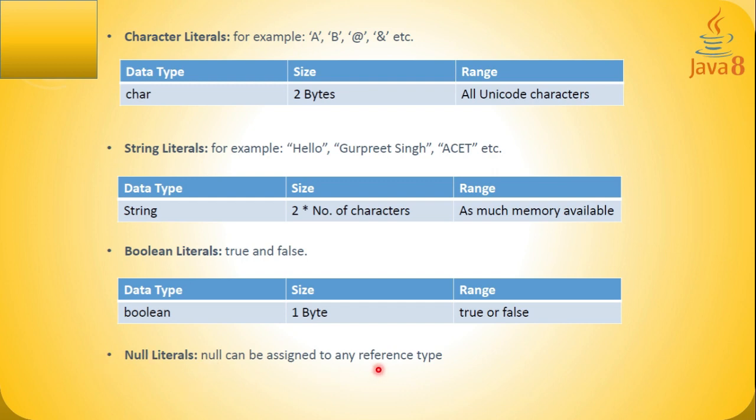When you declare a reference data type, all reference data types like string, array, etc., and you are not giving any value, its default value will be considered as null. It's of null type.